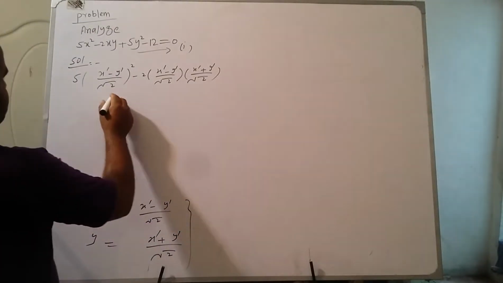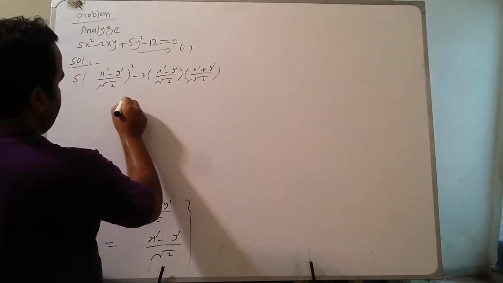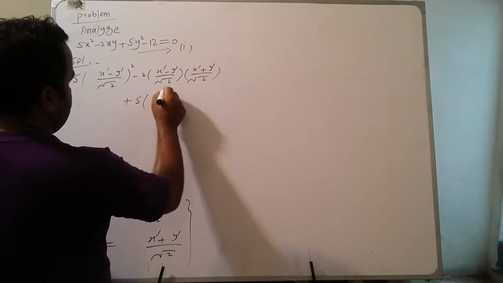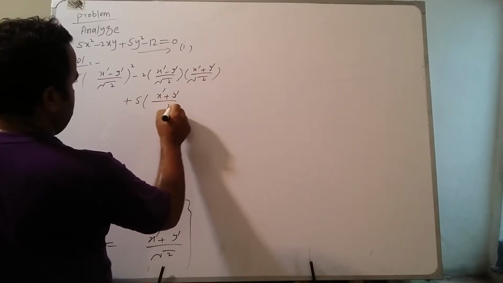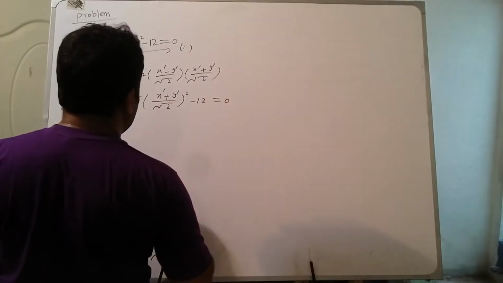Similarly plus 5 into x dash plus y dash over root 2 squared, minus 12 is equal to 0.